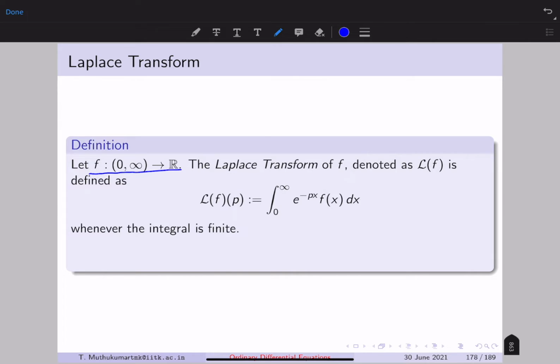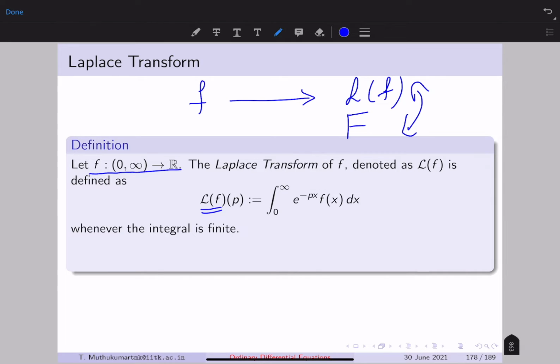The Laplace transform of f is denoted as script L f. Sometimes we also use capital F to denote the Laplace transform, but wherever possible we will use this notation. We will use these notations interchangeably.